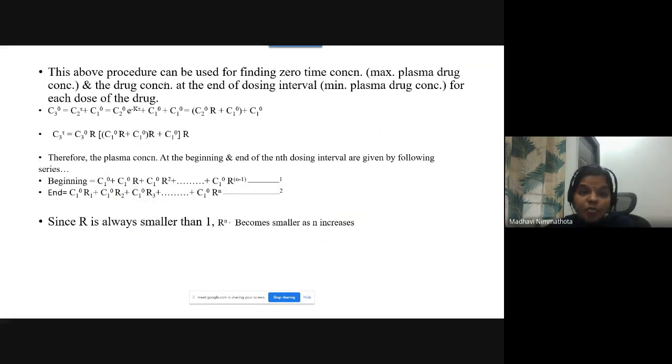This above procedure can be used for finding out zero time concentration, that is, the maximum plasma drug concentration, and the drug concentration at the end of the dosing interval. End of dosing interval is nothing but the nth dose. For each dose, you need to calculate in the same manner. Here we are calculating C30, the third dose initial.